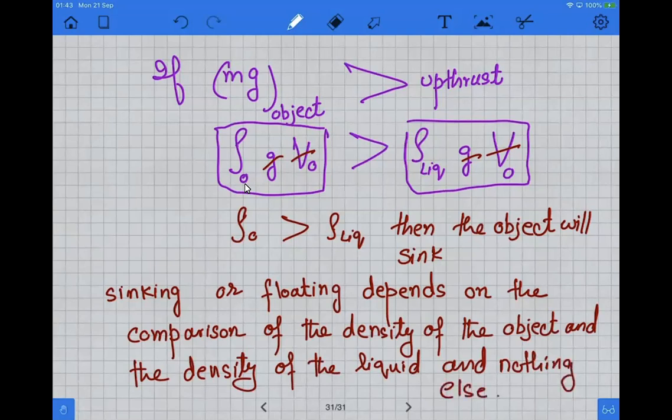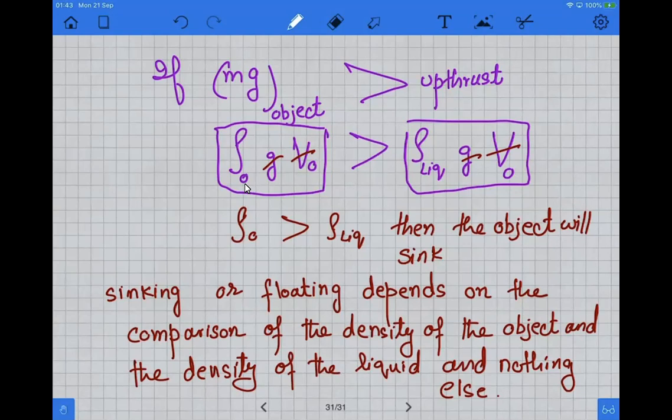So the shape of the object, the size of the object, nothing will decide whether the object will sink or float. It is only decided by a comparison of the density.